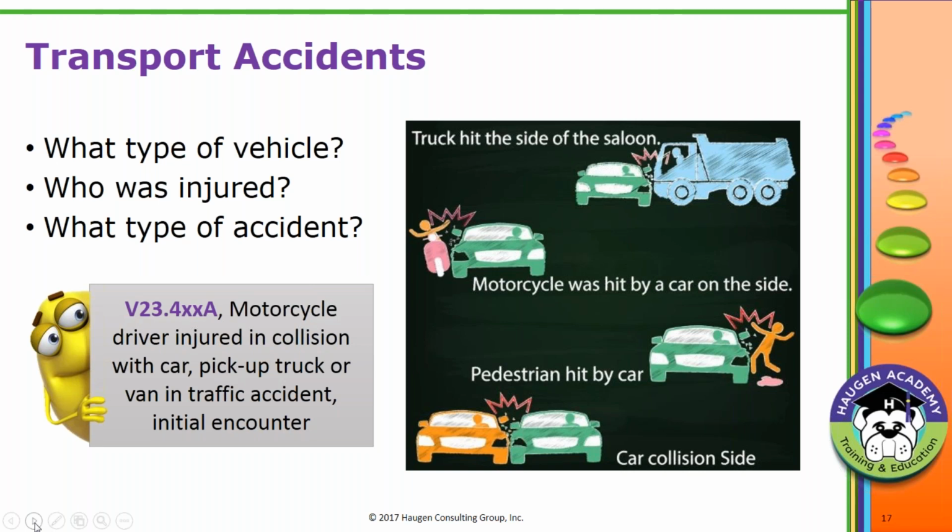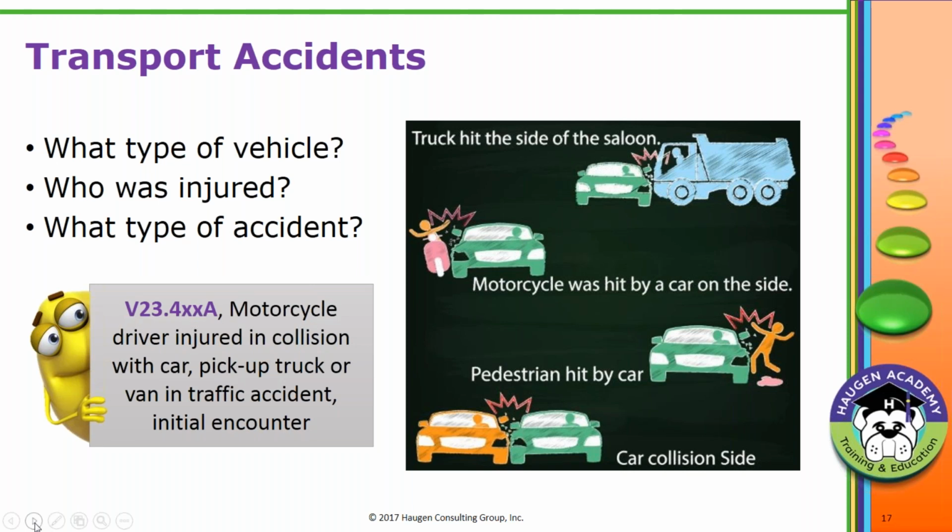The definitions related to transport accidents themselves can really be found at the beginning of your chapter 20. They do include the definitions of the various types of vehicles and the accidents that are defined within this code set.